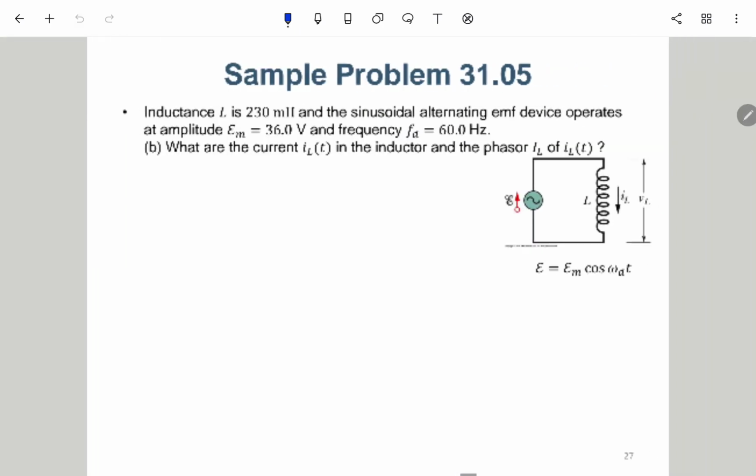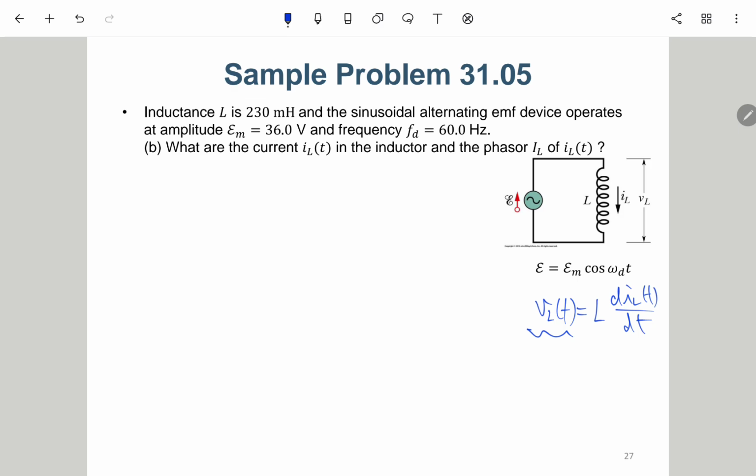It asks what is IL of t, but if we don't use the phasor, we should have VL of t equals L dIL dt. Here we know VL of t, so you need the integration. This is not a great move.